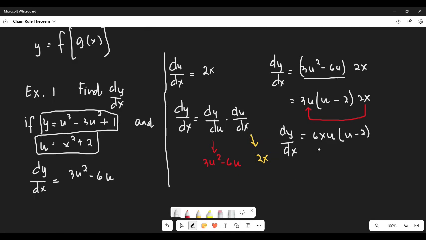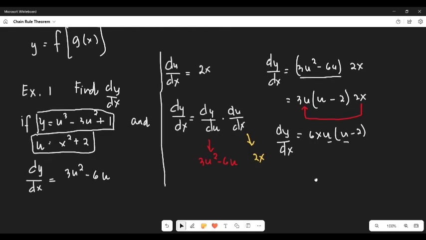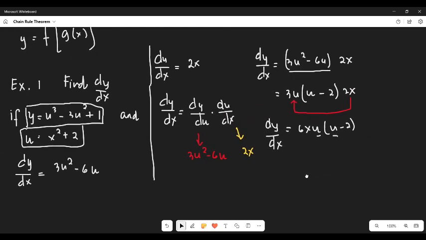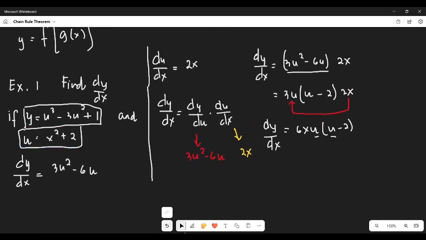But this is not yet the answer because we still have u here, and we need to substitute the u with x squared plus 2 because that's the value of u, so that they are all expressed in x.